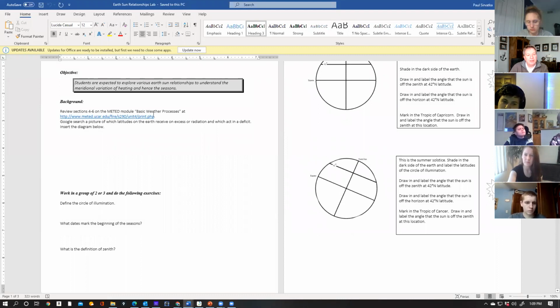So all of this stuff, now this is your basic weather processes, right? And then it says which areas receive an excess of radiation and which act in a deficit.